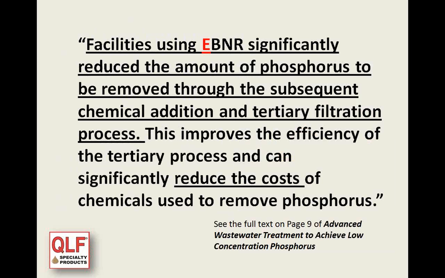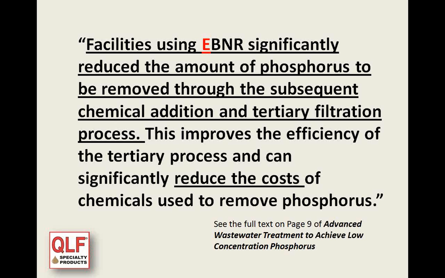There's one quote in that manual that caught my eye. It says, facilities using EBNR, which is enhanced biological nutrient removal, significantly reduce the amount of phosphorus to be removed through the subsequent chemical addition and tertiary filtration process.